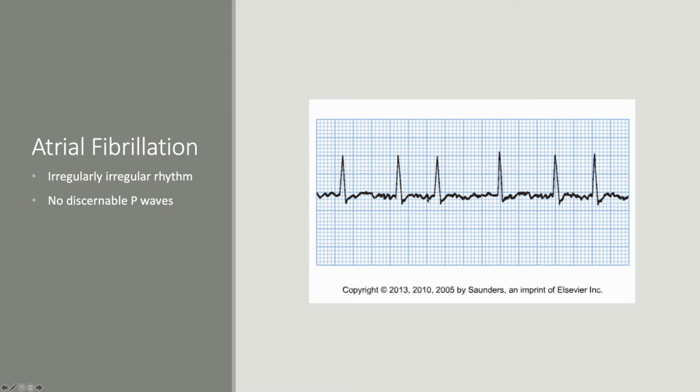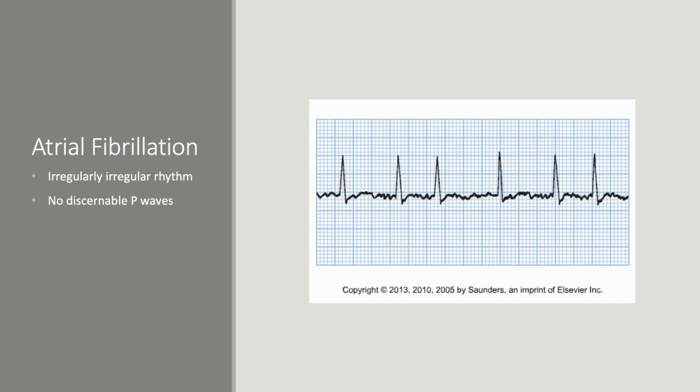There's all this junk here, but you don't even need to see the junk. You just don't see P waves. That's the diagnosis for atrial fibrillation. Irregularly irregular rhythm, no discernible P waves. That is the way to diagnose atrial fib. I don't want to hear about irregular baseline or any of this other nonsense. Irregularly irregular rhythm, no discernible P waves.